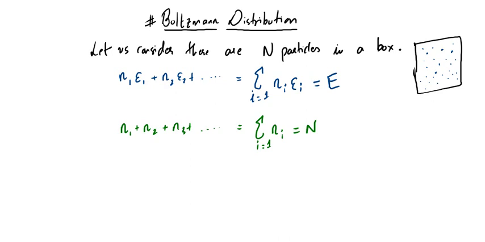Now what Boltzmann tried to do was, based on these constraints, find the distribution of the particles having certain energies. He wanted to find how many particles would be there in a given energy state.